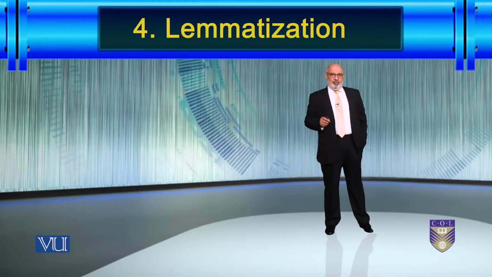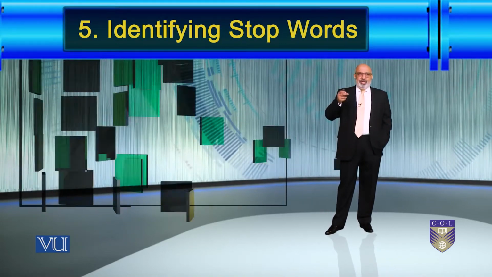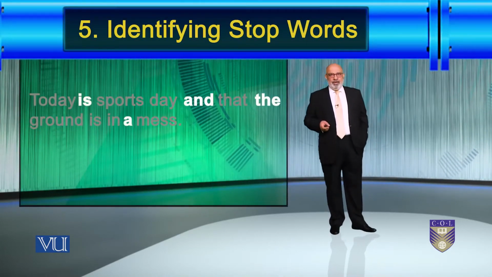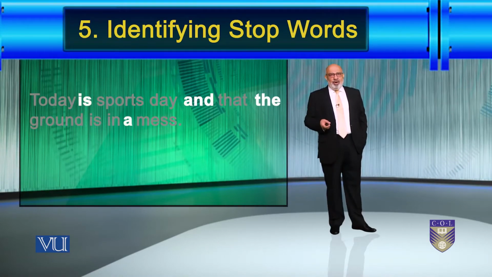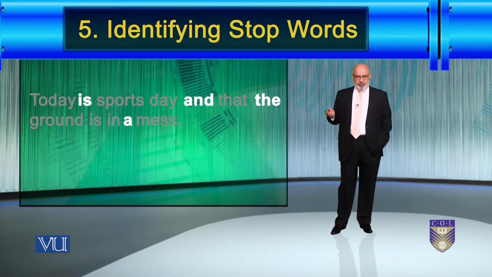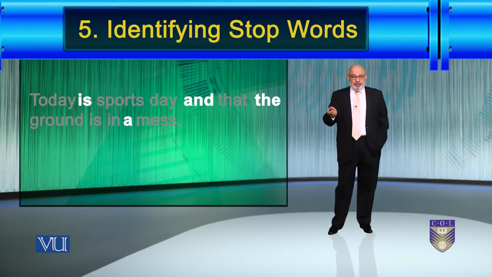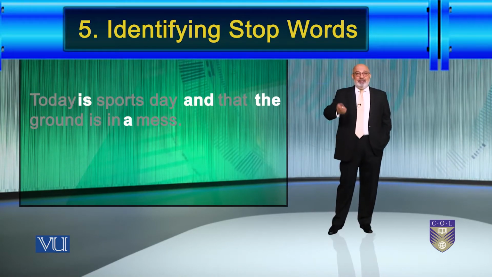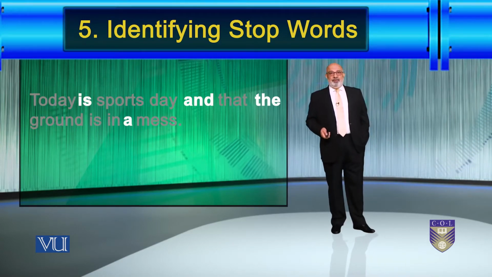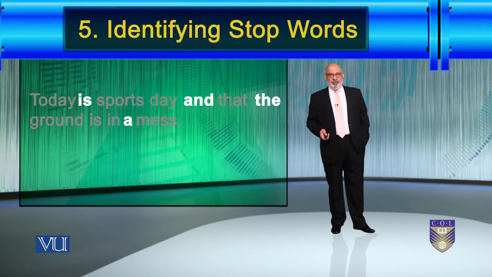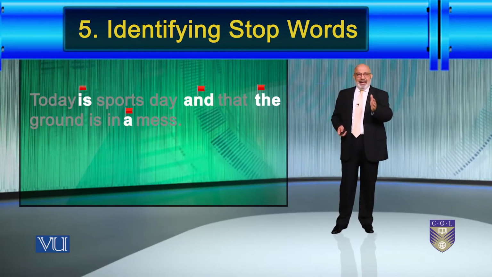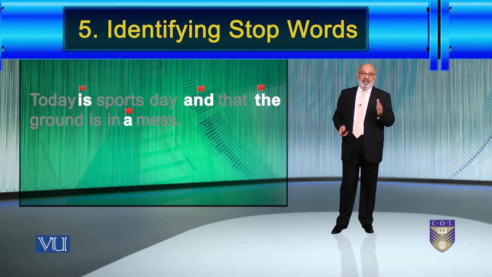Now, having done those 4 steps, we also need to identify the stop words. In English, for instance, there are several words that appear very frequently, like is, and, the, in addition to, let's say, the full stop, which stops the sentence. So the NLP pipeline will flag these words as stop words.